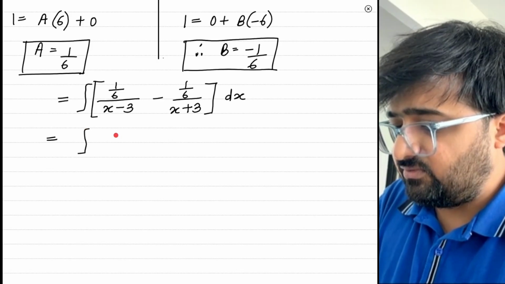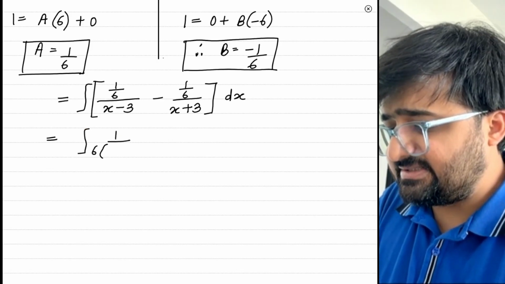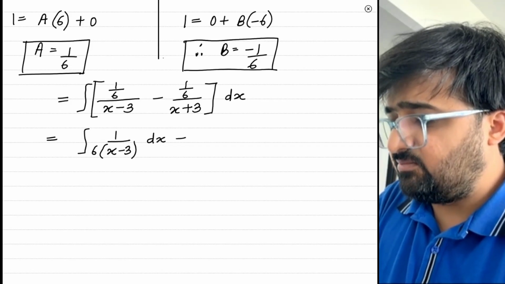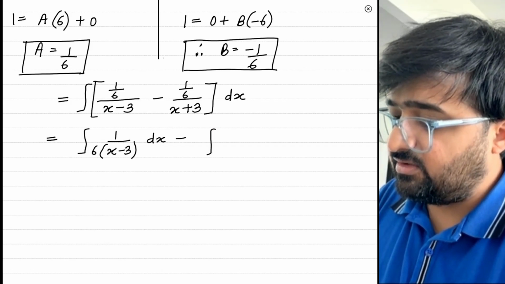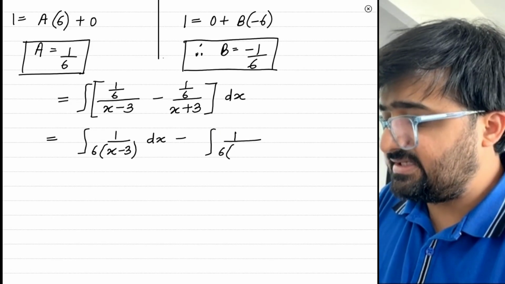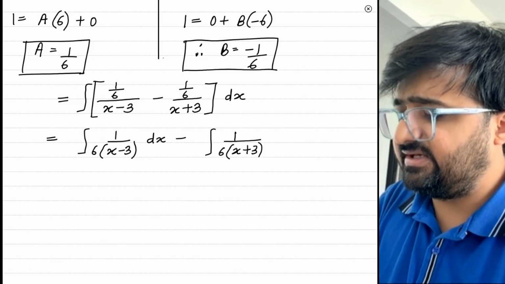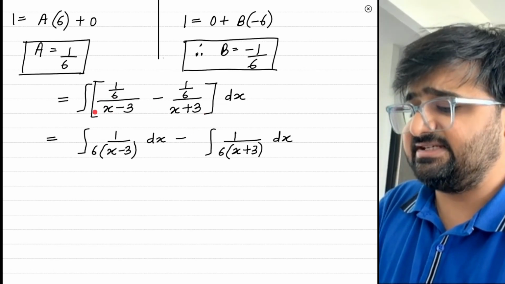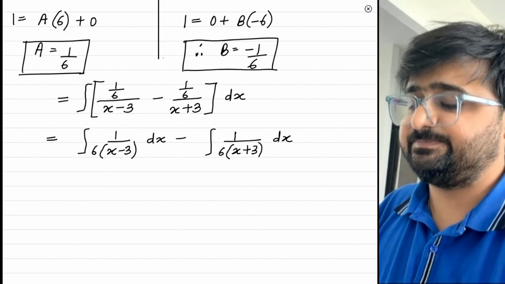integral of 1 by 6 times x minus 3 with respect to x minus integral of 1 by 6 times x plus 3, essentially just taking that 6 in the denominator in both of those cases and splitting that integral in both of those terms.